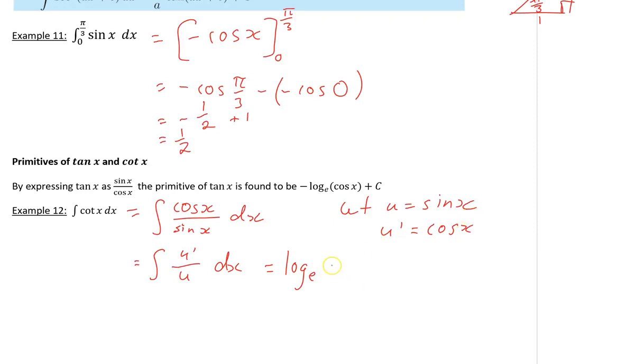The log of the bottom one there is the log base e of sine x. There we go. That's our answer.